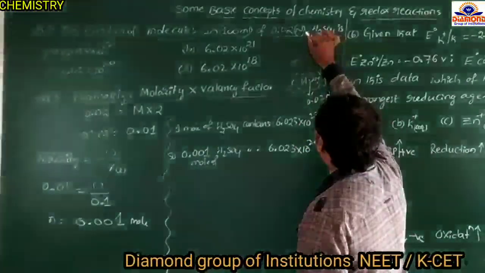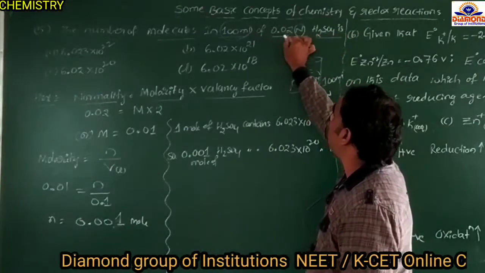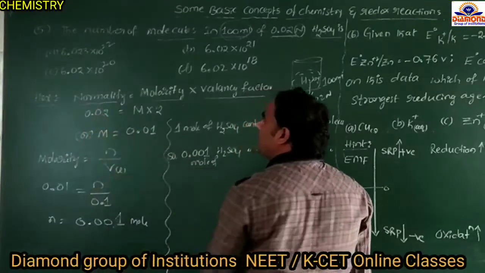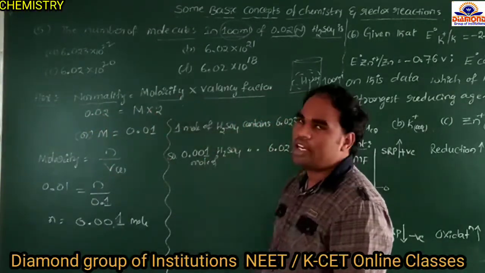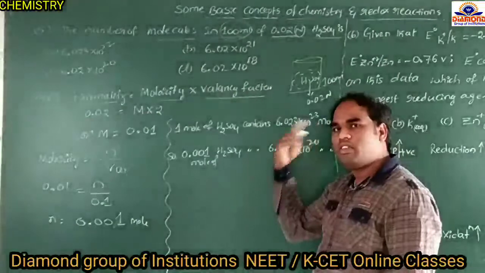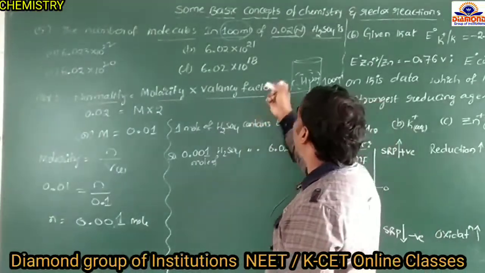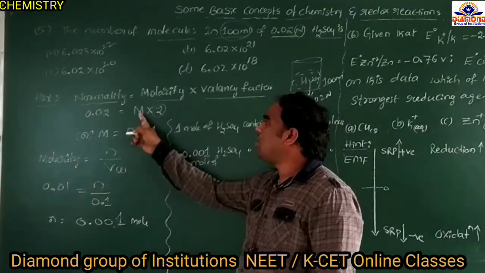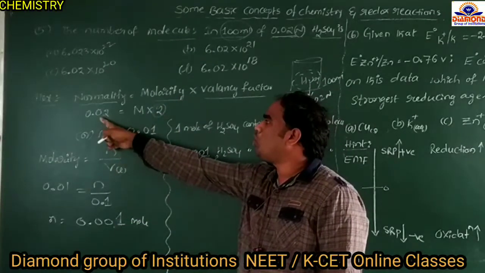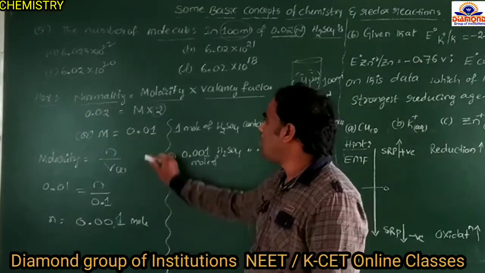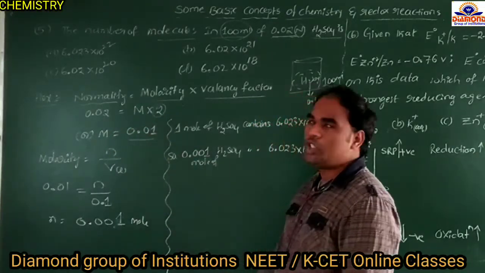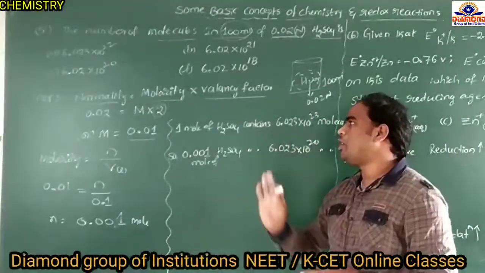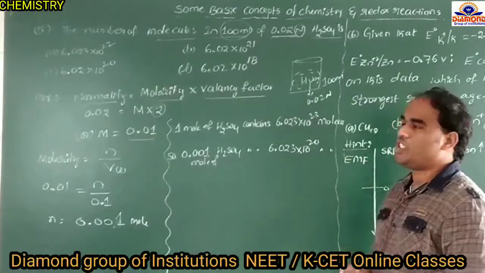The normality of this H2SO4 solution is 0.02. We want to find the molarity. For H2SO4 the valency factor is 2. So molarity equals 0.02 by 2, which is 0.01. Based on the normality given, we have found the molarity of this H2SO4 solution.